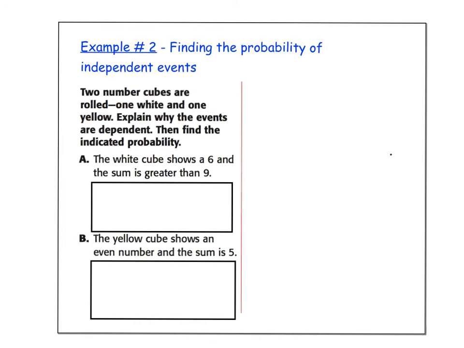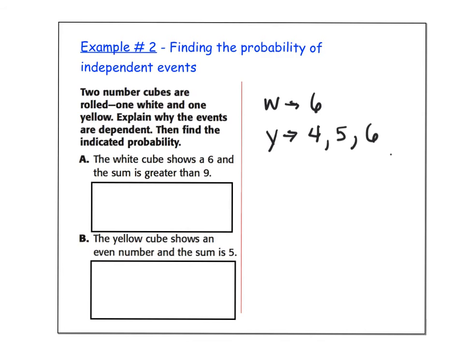Well, if the white cube has already rolled a 6 and their sum is greater than 9, then that gives you some indication of what the yellow cube rolled. So the yellow cube now only has a few possibilities: a 4, a 5, or a 6. Those are the only three possibilities that would make the sum more than 9.